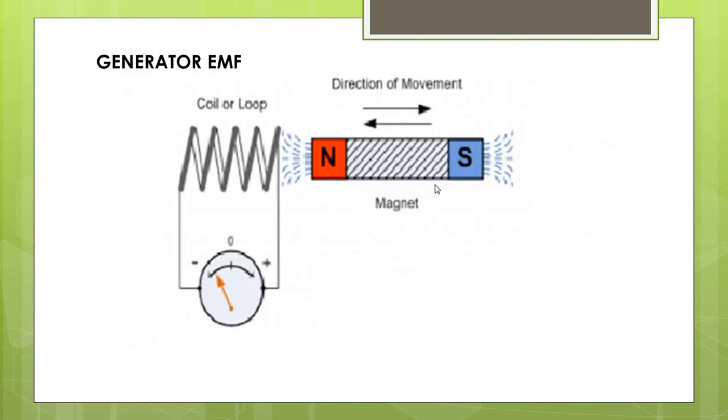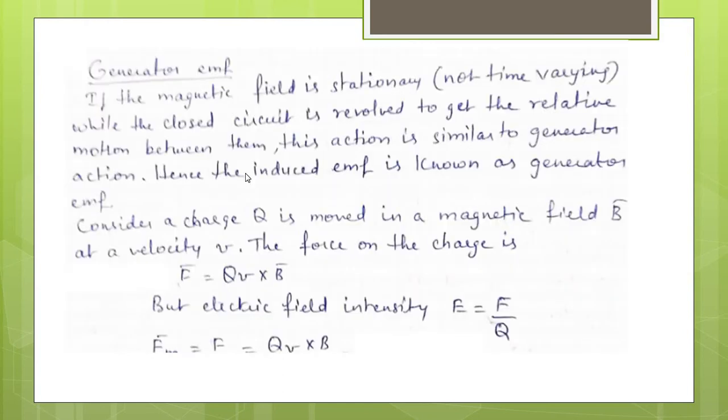In this diagram, the magnetic field is stationary. If the magnetic field is stationary and the coil is rotated, an EMF is induced. Such EMF generated is known as the generator EMF.